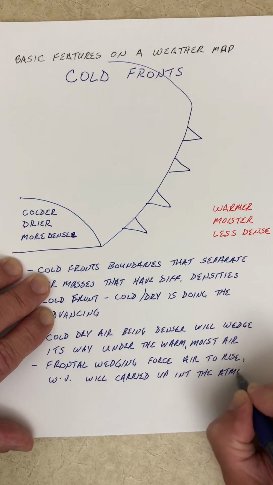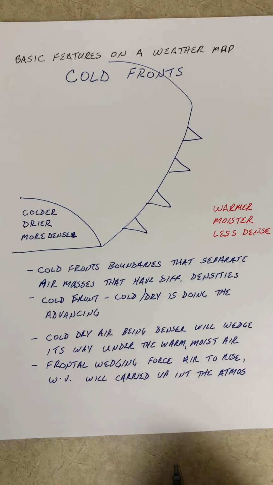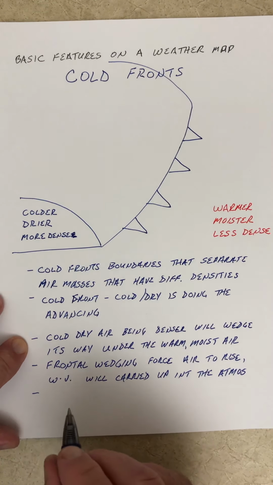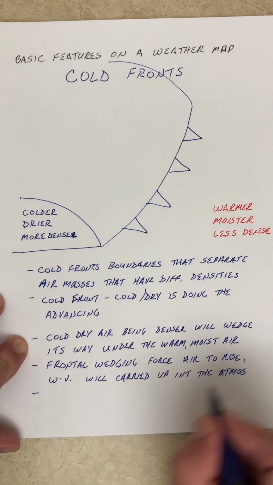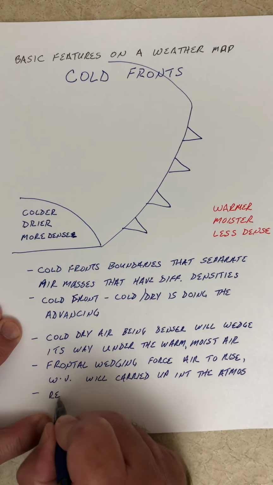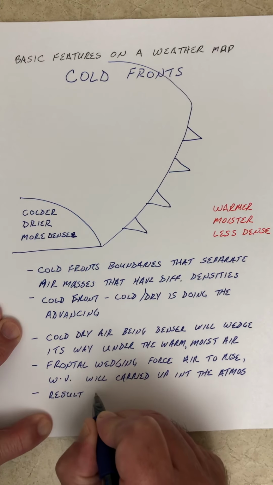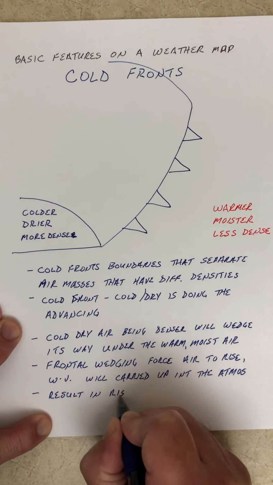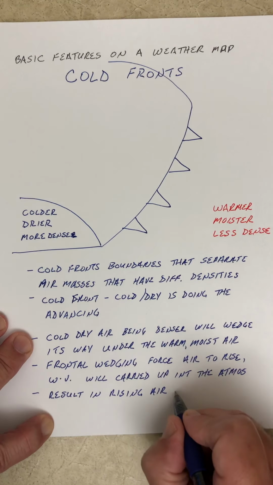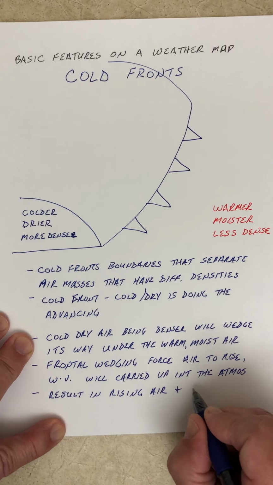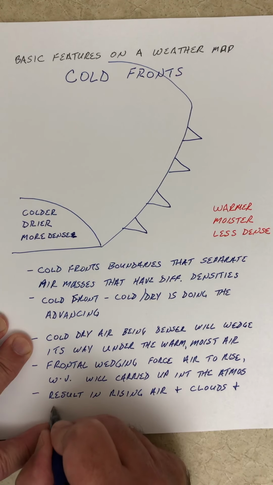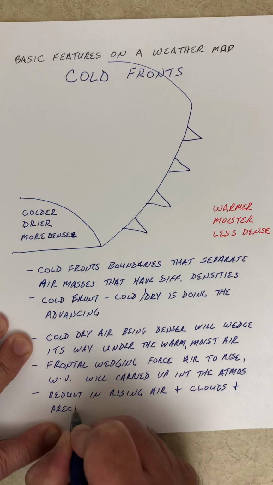Okay, so now with water vapor being carried up into the atmosphere, we have the possibility for clouds and precipitation. And so this frontal wedging, forcing air to rise, carrying water vapor up into the atmosphere, is often going to result in clouds and precipitation.